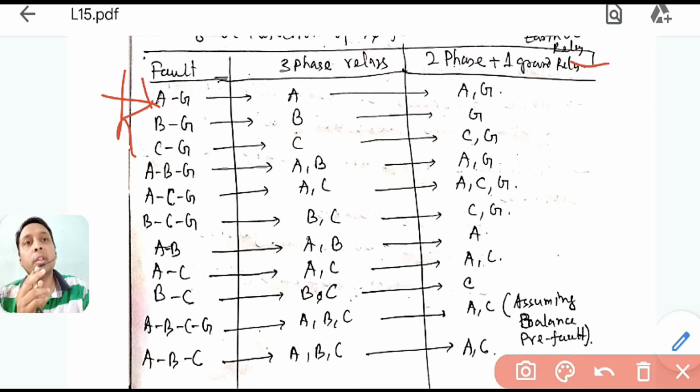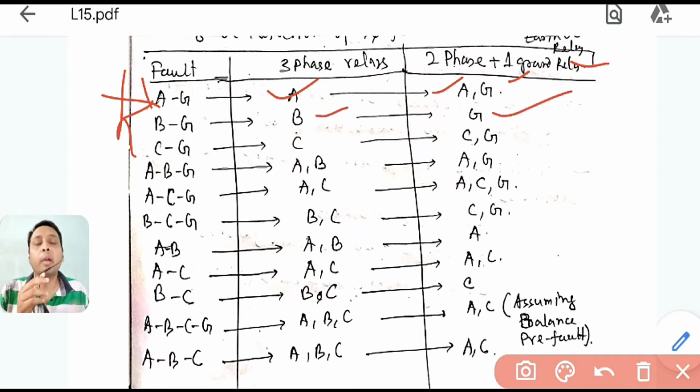So in A to G, in three-phase, only A will trip, but here A will trip, and G will also trip, because the current in the residual path will also trip, and we have put a relay in the residual path. In B to G, there the B relay will trip, but here there is no B relay, only the ground relay will trip, because the ground relay will sense the unbalance.